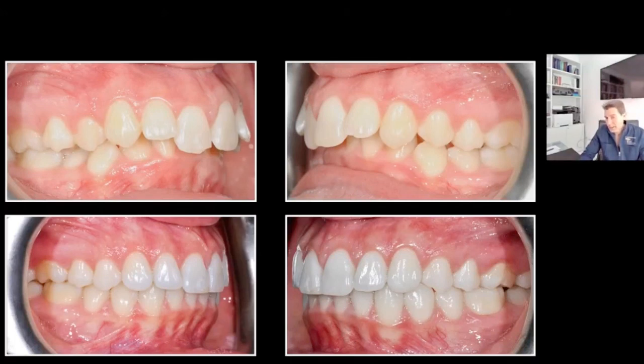Laterally, we can see how the dental arches have achieved good position relative to the occlusal plane. And how well we have managed to improve the Spee curve in the upper jaw.